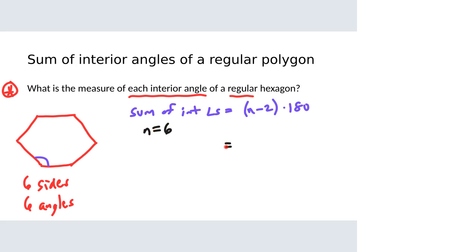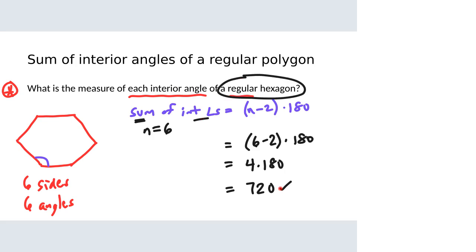So the sum of the interior angles is going to be 6 minus 2 times 180, or 4 times 180, which is 720. Let me know if you see anything that doesn't make sense or you're not sure where it came from. So what I just found is that the sum of the interior angles of this regular hexagon is 720.